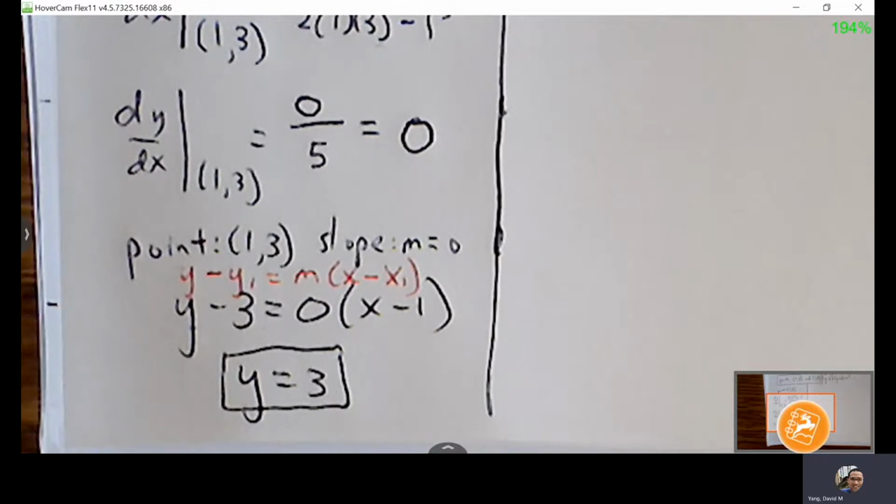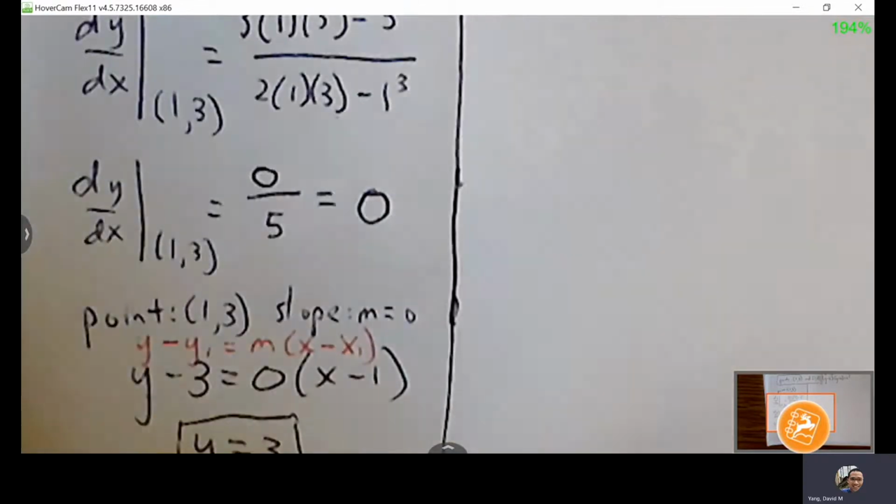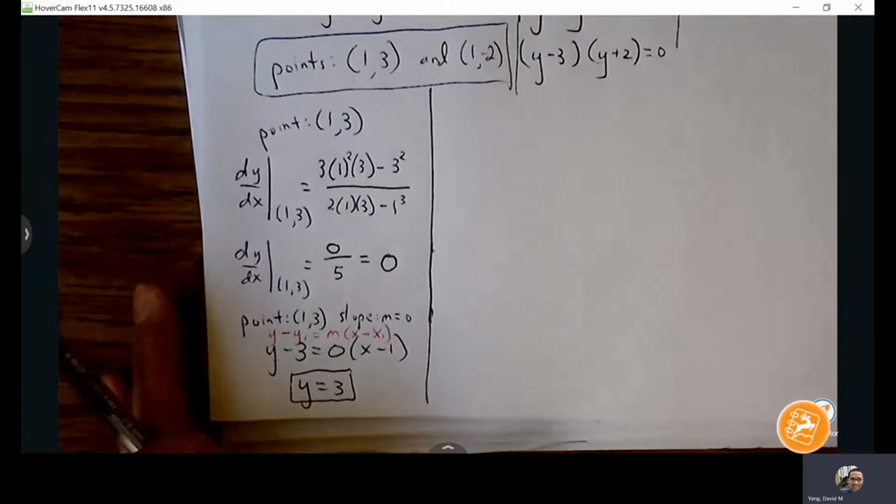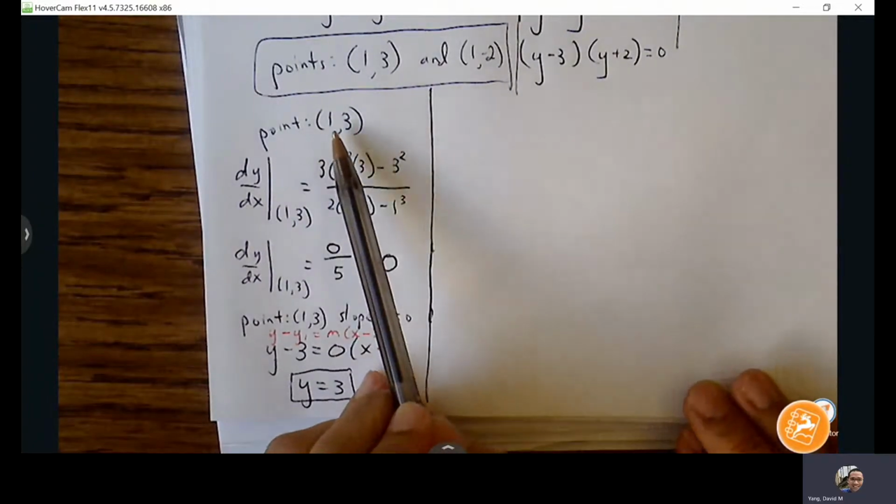Okay. So there's another point, right? We have 2 points that we're trying to find tangents on the equation.